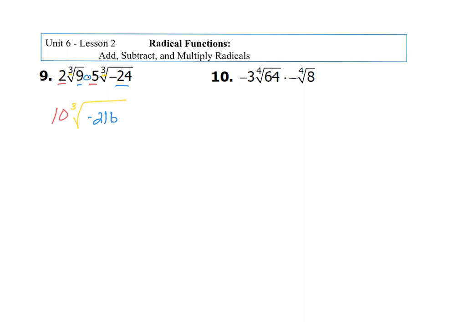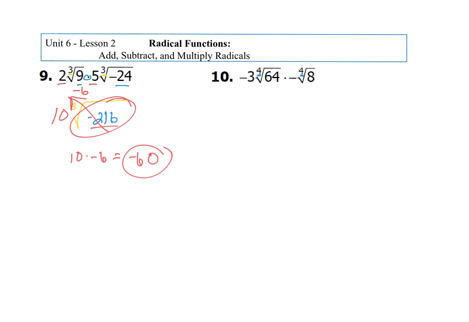And now I'm going to break down underneath the radical. This negative 216. Well, 216 is a perfect cube. Okay, and I want to take out the negative with it. So this right here, it's negative 6 that comes out. So we're going to do 10 times negative 6 that came out, and this just all simplifies to be negative 60.